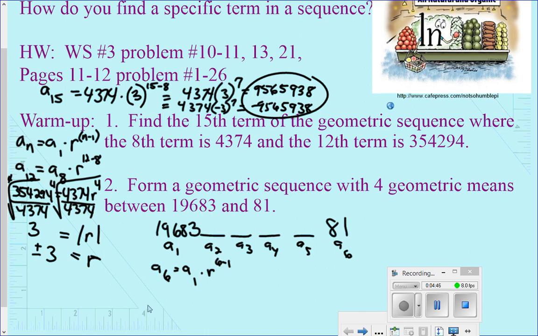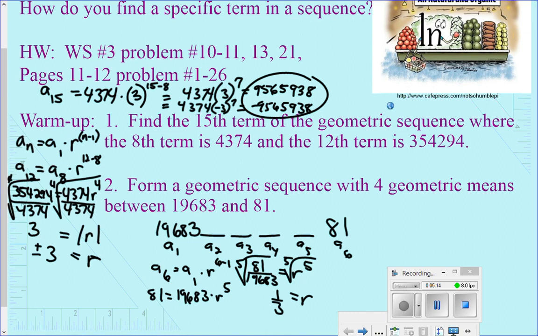So a sub 6 is 81. A sub 1 is 19,683 times r, I don't know, raised to the 5th power. So I'm dividing 81 by 19,683, and then I'm taking the fifth root of that, and just r this time because that's an odd root. And when I do that, I'm getting 1/3.